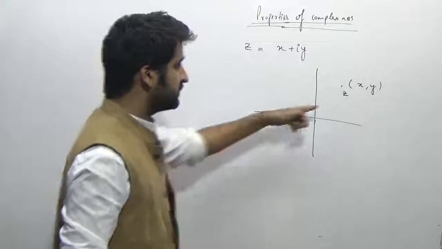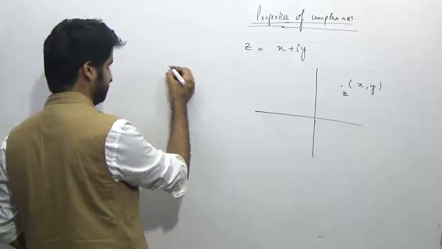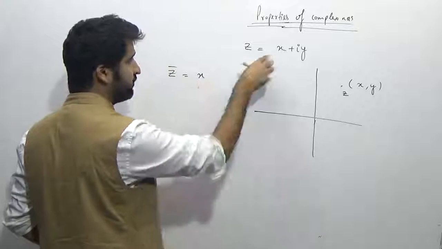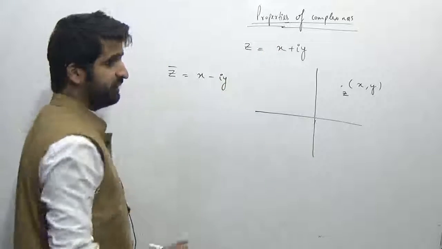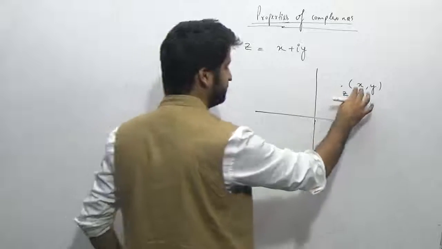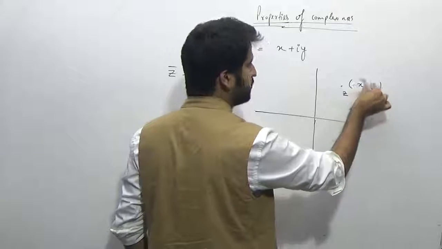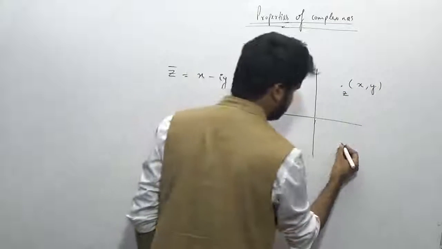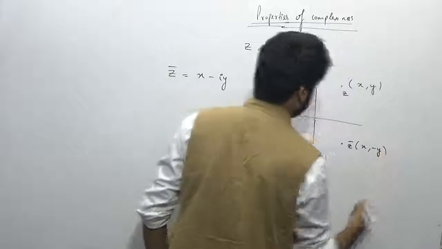So this is my complex number z. If I discuss the conjugate of z, the real part will remain the same, but the imaginary part will be the negative of the imaginary part of the complex number. So the conjugate will be shifted to x comma minus y. So z conjugate will lie over here, at x comma minus y.